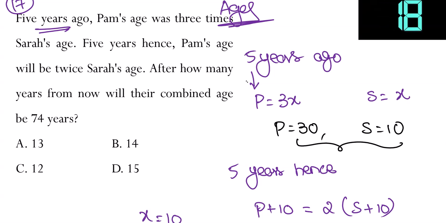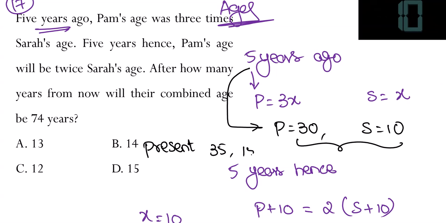This is 5 years ago. Present will be 35 and 15. Present is 35 and 15, total 50. You want 74, 24 extra. Each will be added by 12. So after 12 years, it will be. Present age of those two people is 35 and 15.